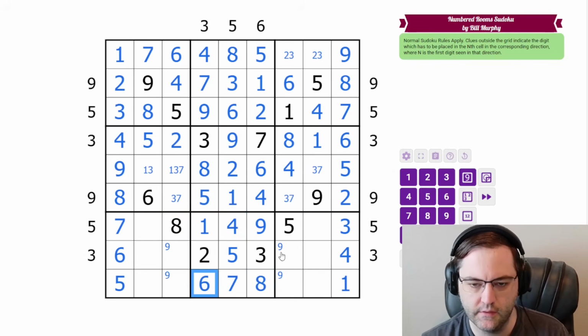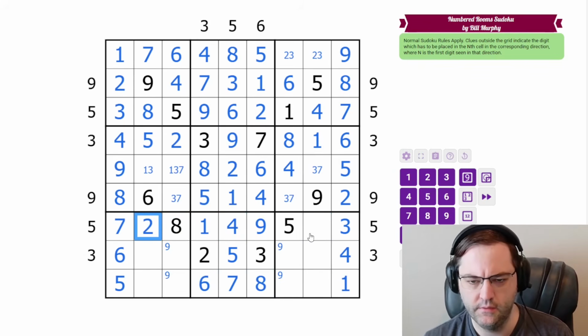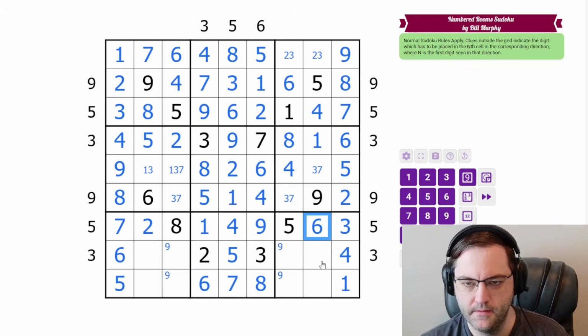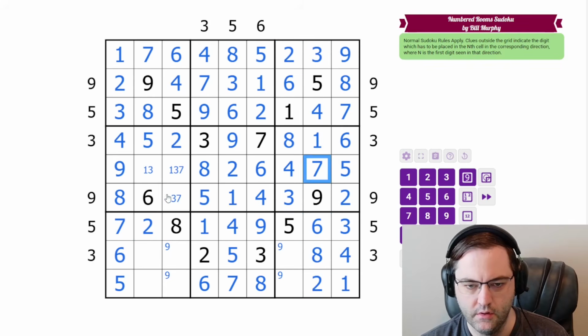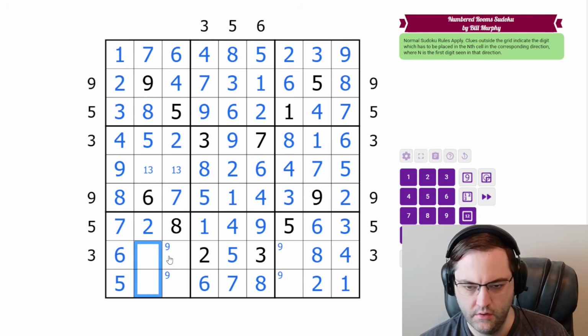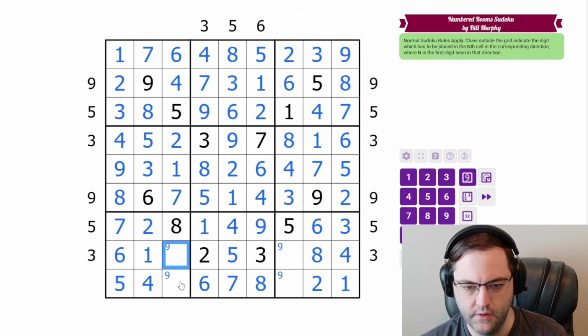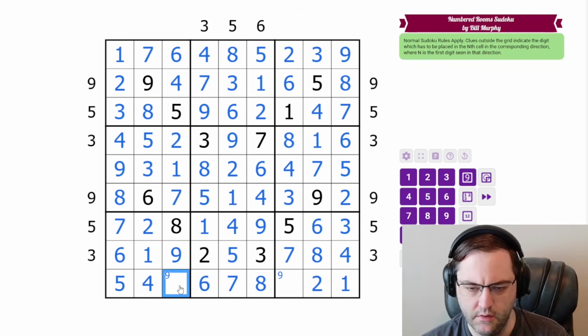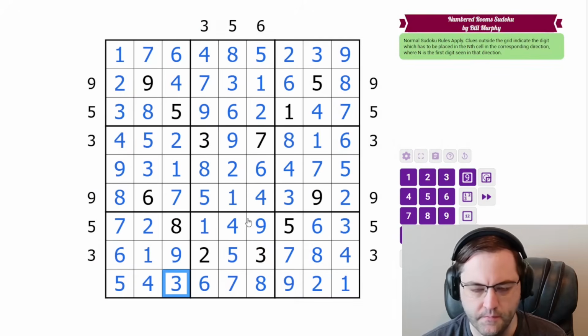This is 8 and 6. 2 and 6 in the row. 8 goes here. This is 2. We need a 4, 1, 3, 1. And then to finish off, we're going to have a set. Oh, not a 7. 7 here, 9, and 3. That's the solution.